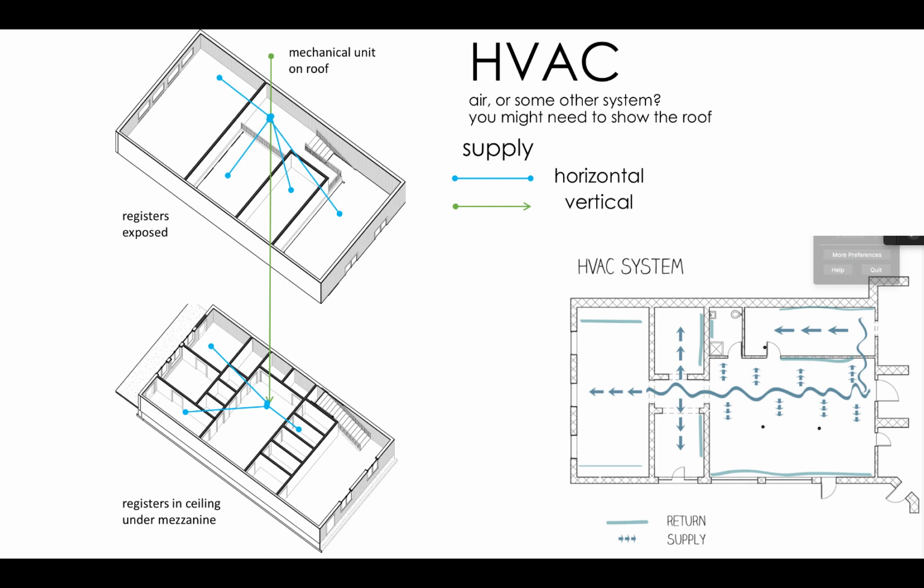Here, the HVAC plan. Again, it does require knowing what kind of HVAC system you have. Now, in the gymnasium that we've been looking at and the pool project that we visited, it was a forced air system, and there is a ducted supply and return, separate duct systems.